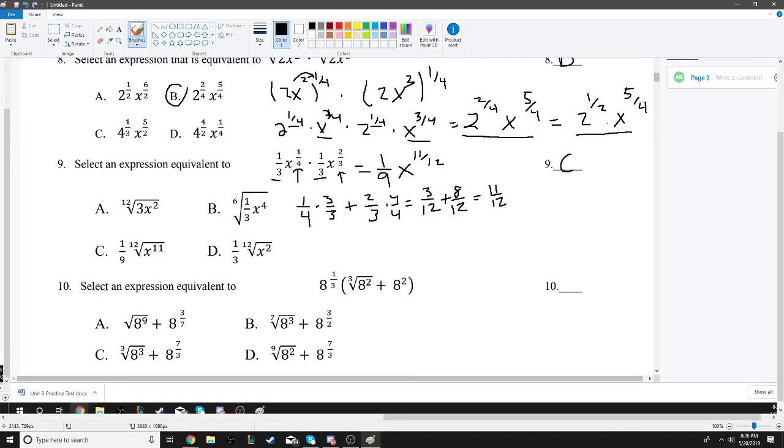Okay. Last part, number 10. We need to distribute. And let's change this guy. This is 8 to the 2/3 power. So 8 to the 2/3 times 8 to the 1/3 plus 8 to the 1/3 times 8 to the second. We can put that over 1 and make it a fraction. So 2/3 plus 1/3 makes that x to the 3/3.